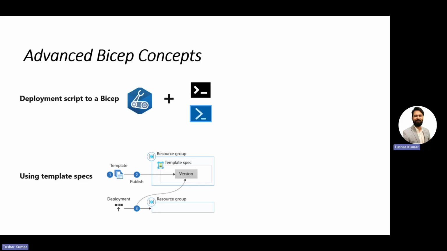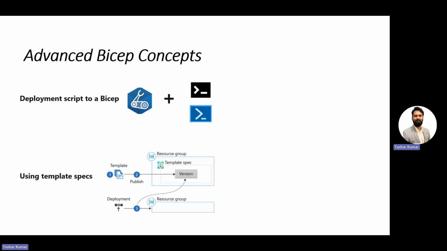The same way you deploy anything from the marketplace, you can simply fill in the form and deploy. You don't need to go through all the functionality or check what is there and what is not. You just fill in the form and deploy. Same thing will happen when you publish it into a template spec.